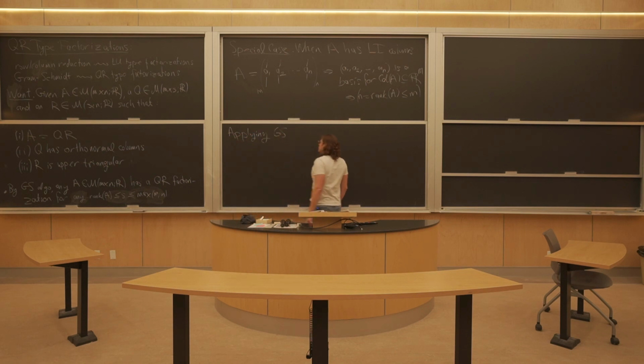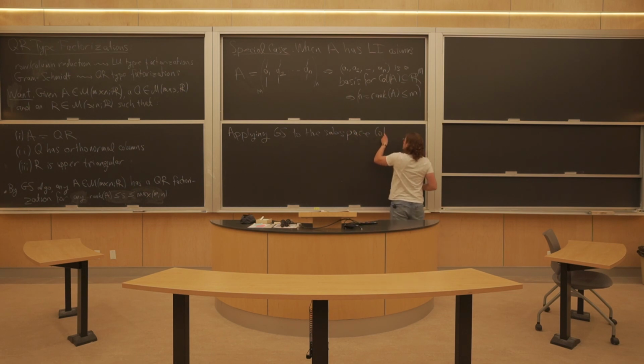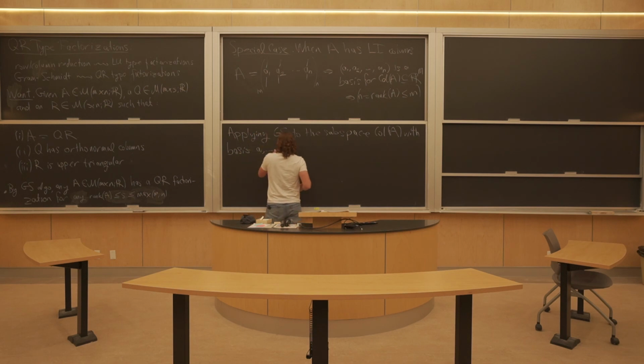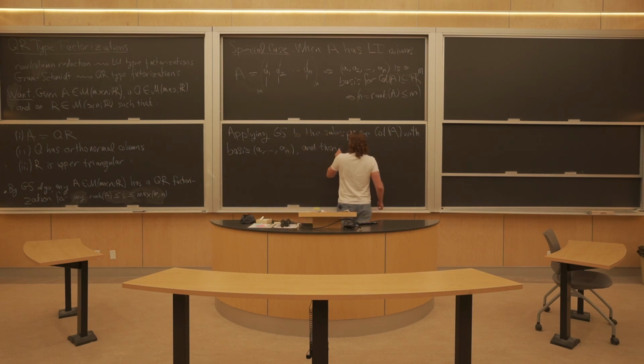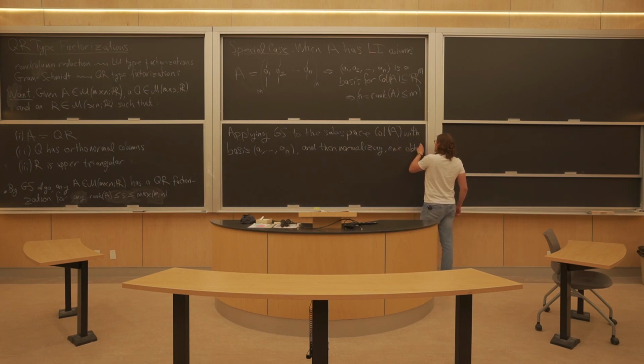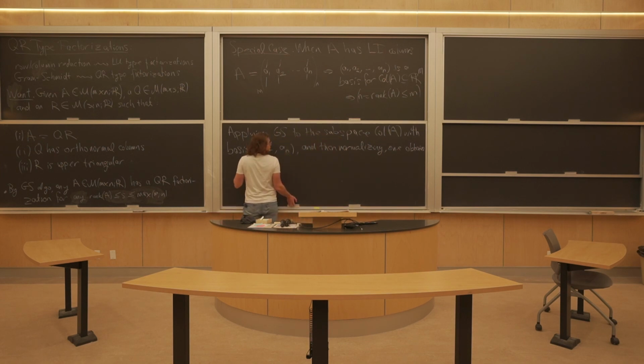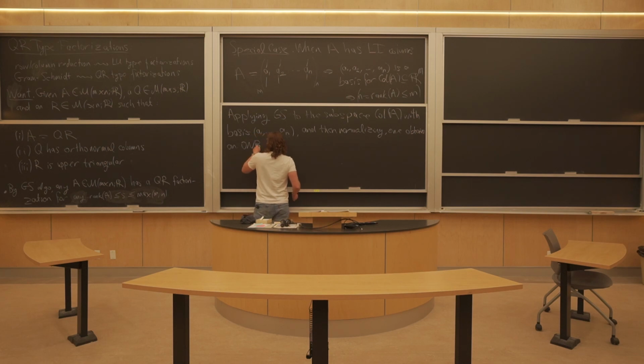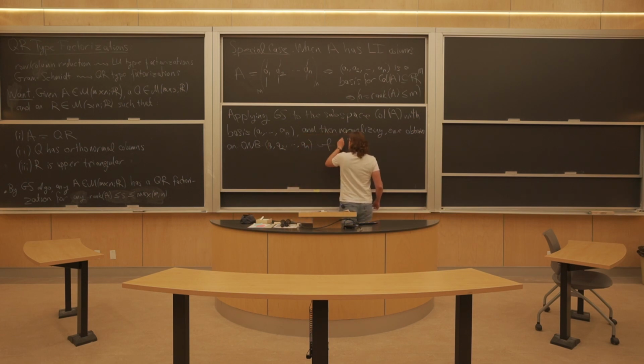Applying the Gram-Schmidt algorithm to the subspace, the column space of A, with basis A1 to An, and then orthonormalizing it, or normalizing the vectors, one obtains an orthonormal basis for the column space of A. Let me write it like this: q1, q2, dot dot dot, qn.